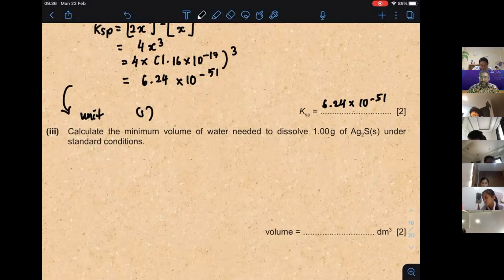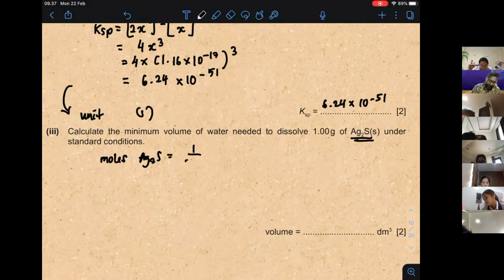standard condition. So what you need to do is to find the number of moles of this. The number of moles is going to be 1 divided by the Mr, which is going to be 247.9, and you will get 0.00403 moles.